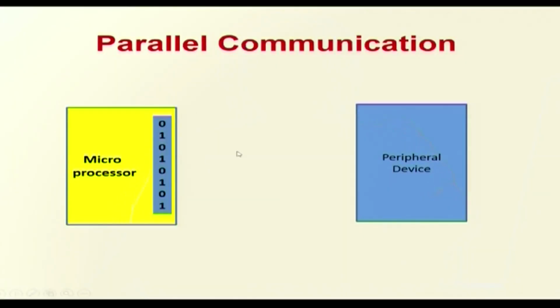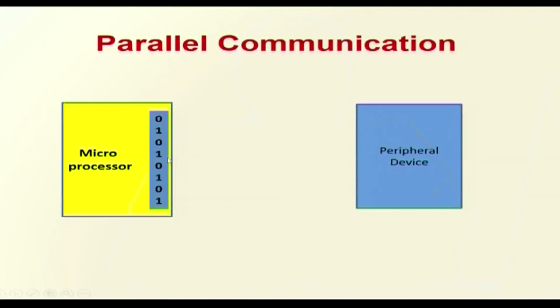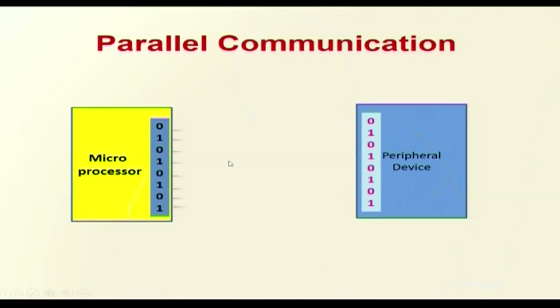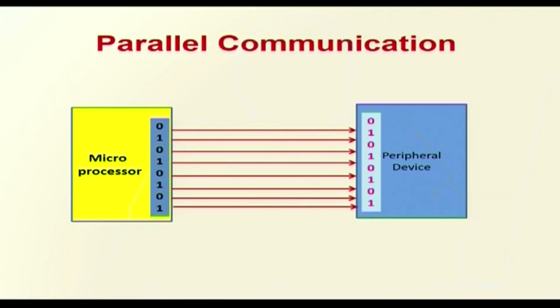This diagram shows the parallel communication between the microprocessor and peripheral devices. The microprocessor has 8 bit data because this is the 8085 microprocessor. So, these 8 lines will be transmitted to the peripheral device by the 8 lines. By applying a single pulse, the 8 data bits are transmitted to the peripheral device.